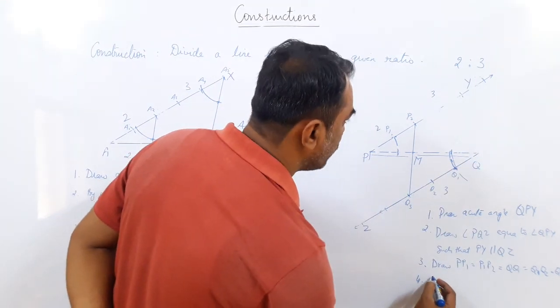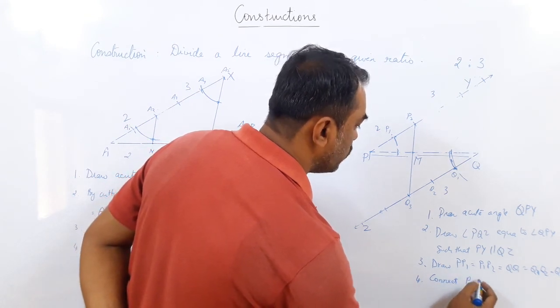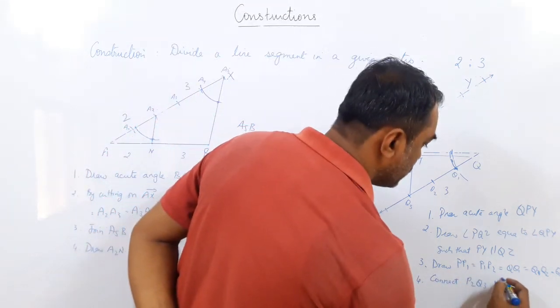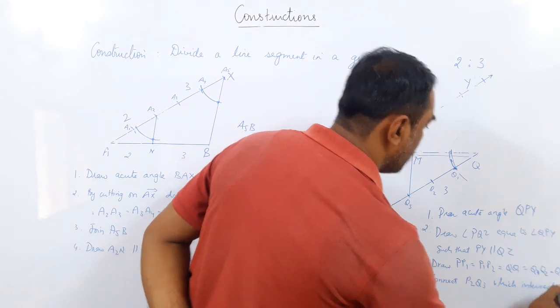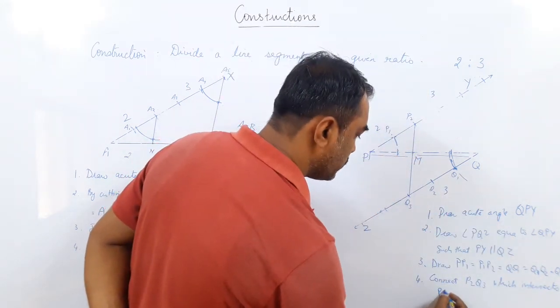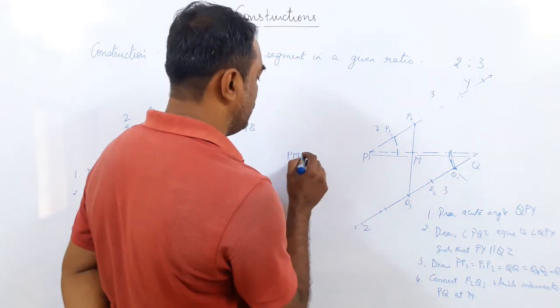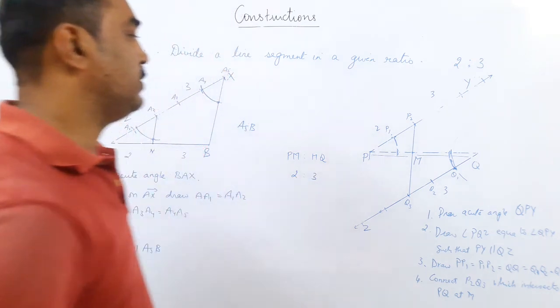And then the last step, connect or draw P2Q3, which intersects PQ at M. So therefore we get PM to MQ in the ratio 2:3.